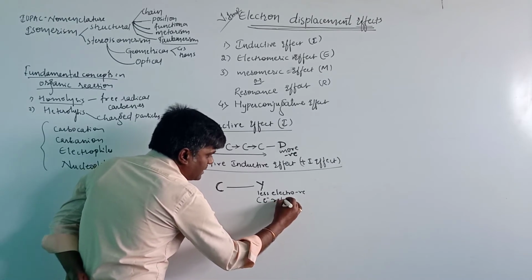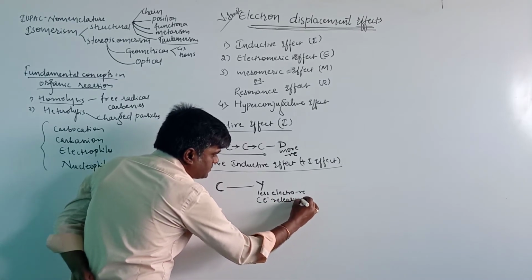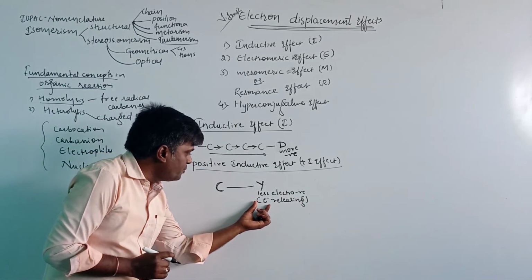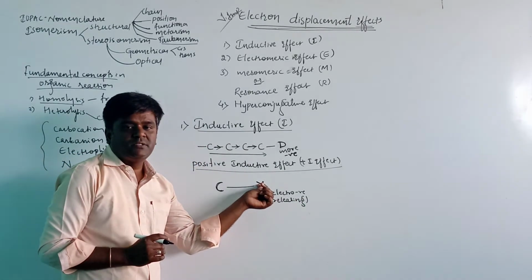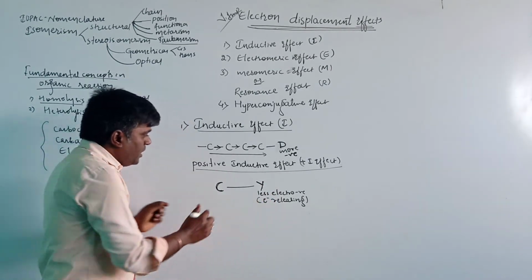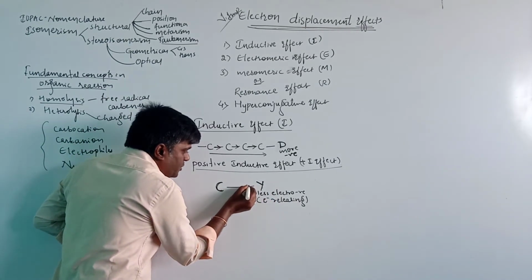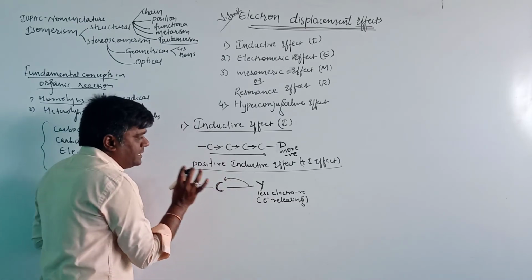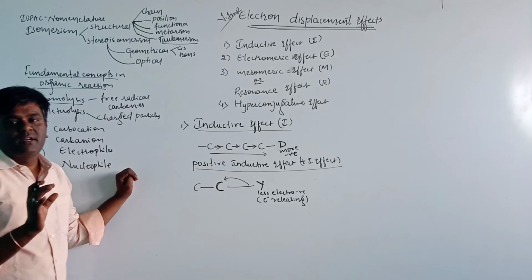Consider an electron releasing group attached to the carbon chain, that is Y is the electron releasing group. Then it releases electrons to the carbon chain. That effect is known as a positive inductive effect.